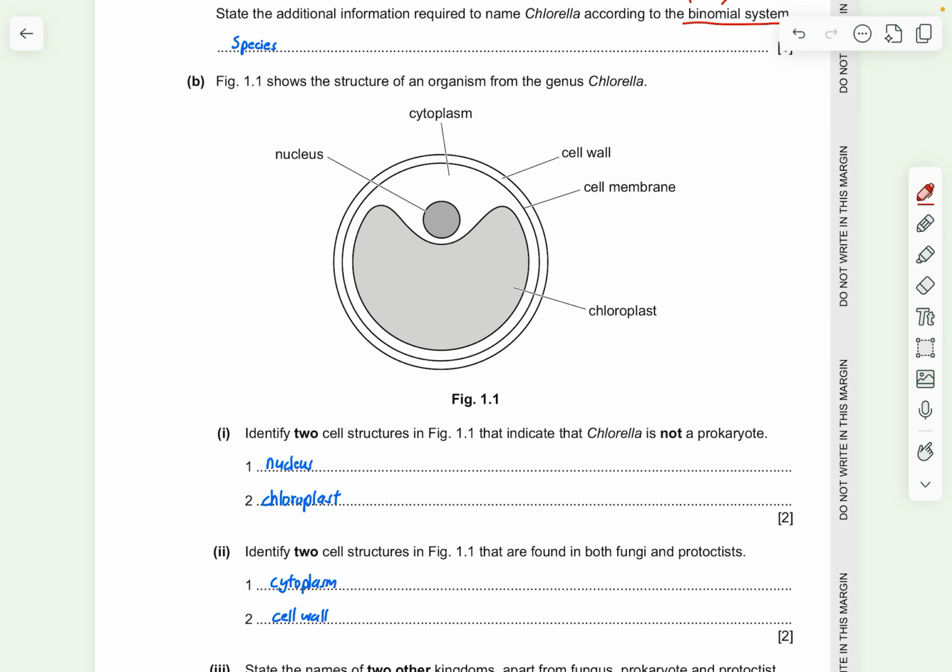Generally, you know that prokaryotes have very limited organelles, one of which is that they don't have a nucleus. Another is that they also do not have a chloroplast. So you can just list there, nucleus and chloroplast, okay? If you put cell wall, I would say that is wrong because cell wall is actually also present in a prokaryote, so be careful with that.